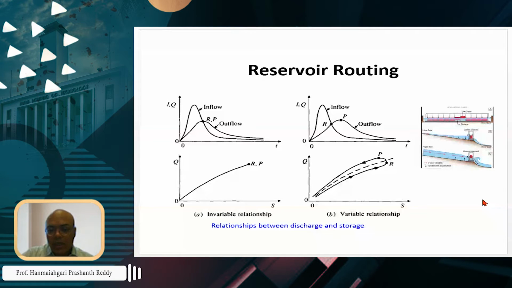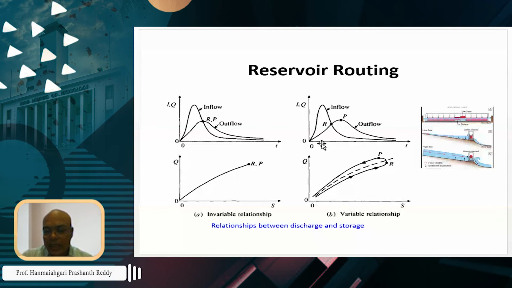But if it is a very long reservoir where the water surface is not flat, but a curve because of the backwater effect, then the relation is a variable relation, and that is shown in these two plots.